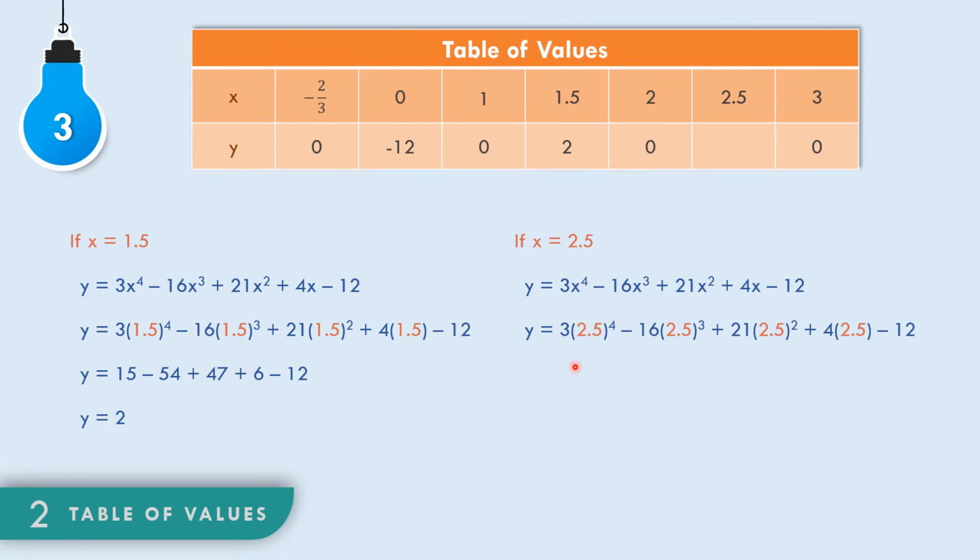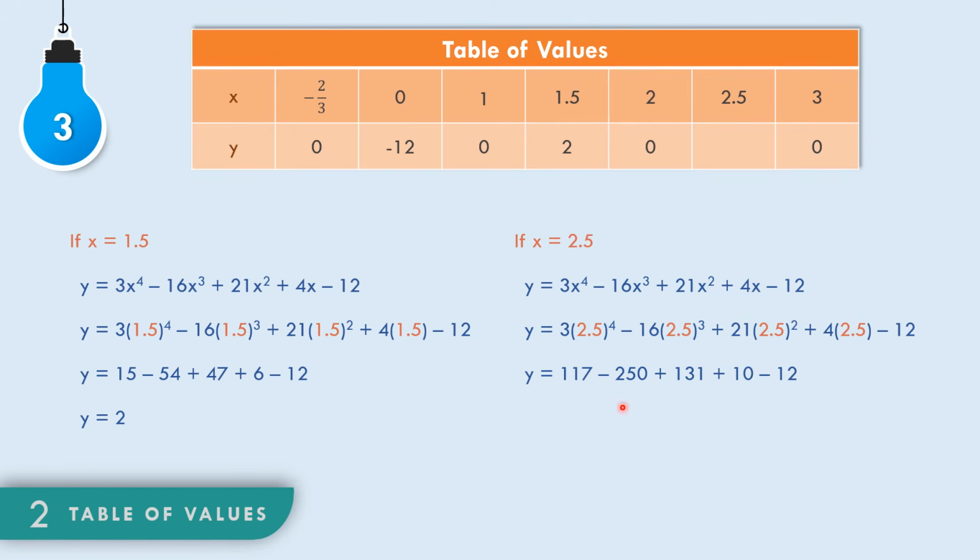So that becomes 3, replace x by 2.5, copy 4, minus 16, replace x by 2.5, copy 3, plus 21, replace x by 2.5, copy squared, plus 4, replace x by 2.5, minus 12.